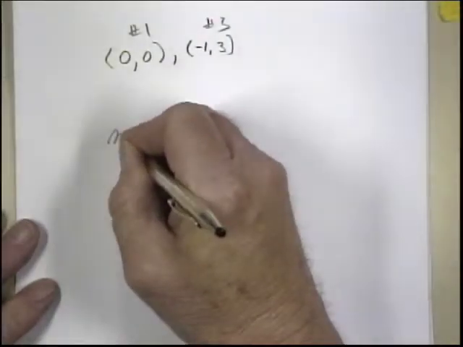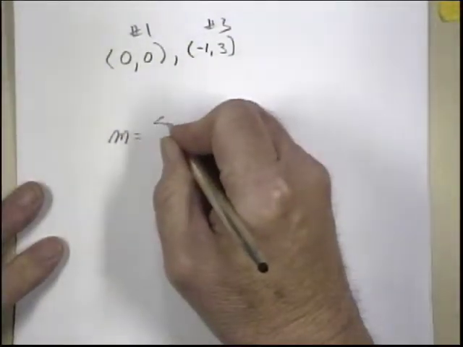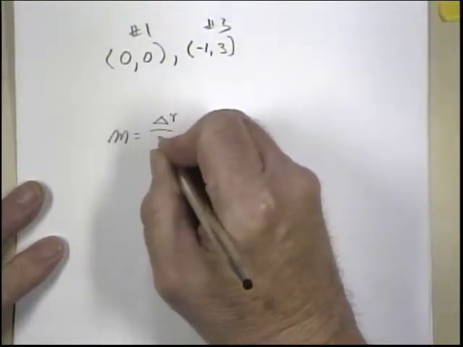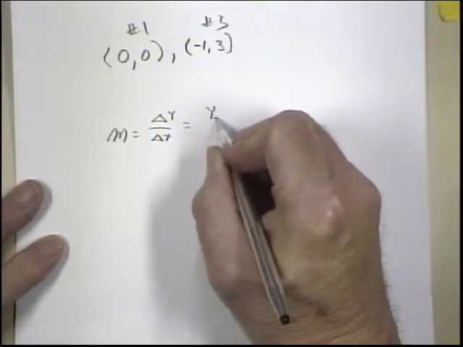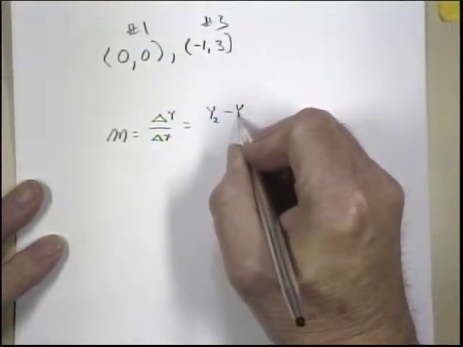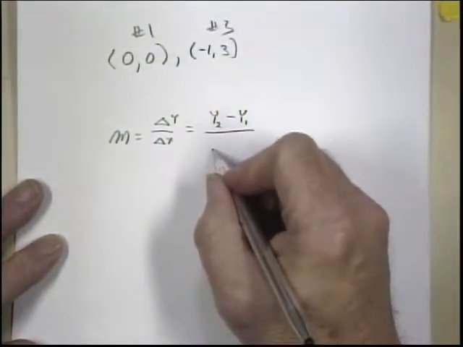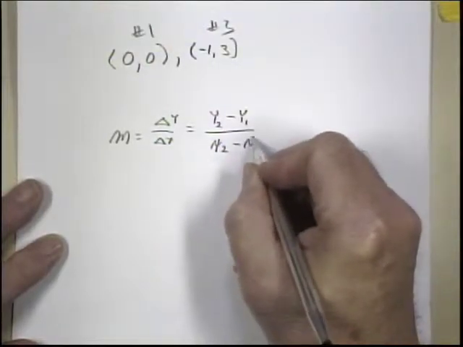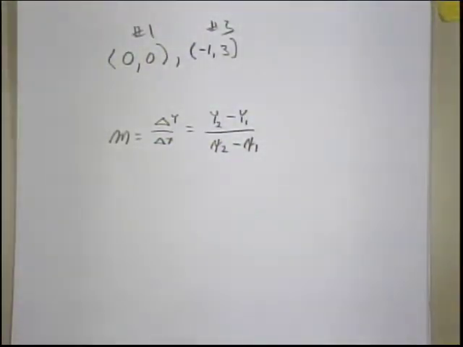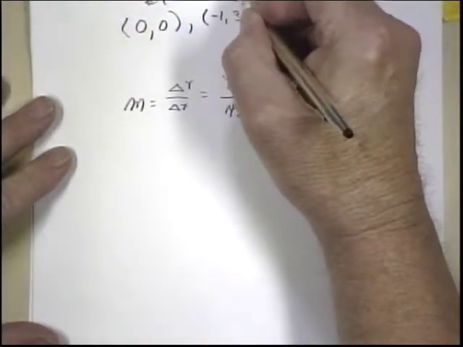And the formula, again, to calculate the slope is the change in y over the change in x, or y from point 2 minus the y from point 1. That'll give us the change in y, divided by the x from point 2 minus the x from point 1. That'll give us the change of x. So for this particular problem, we said this was point 2 here.